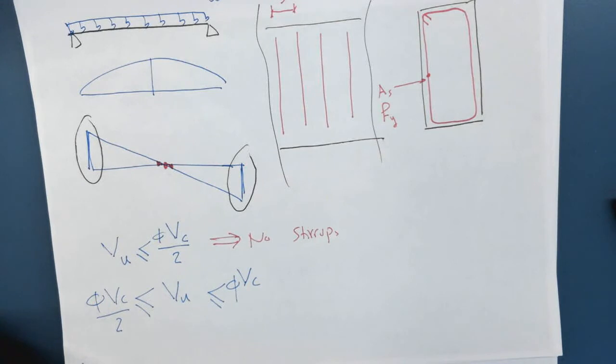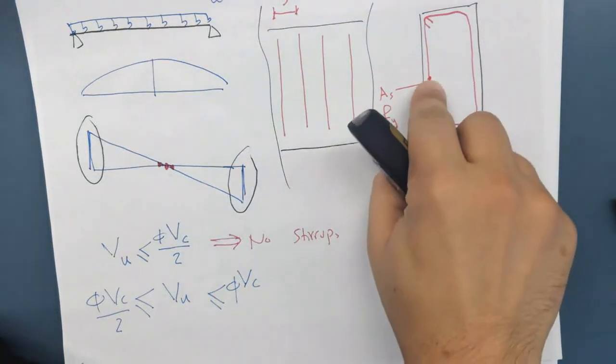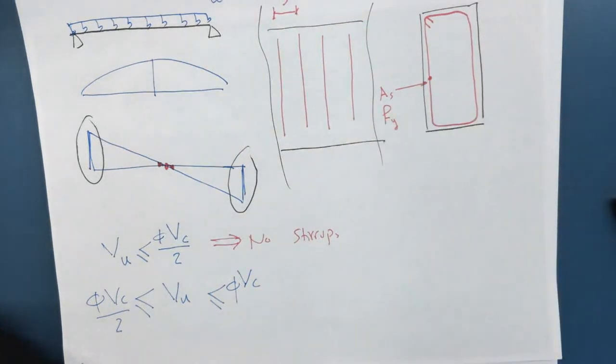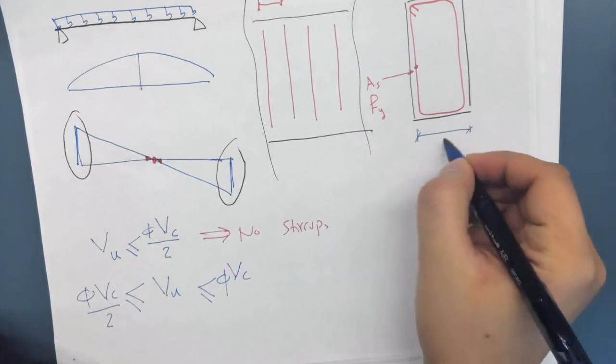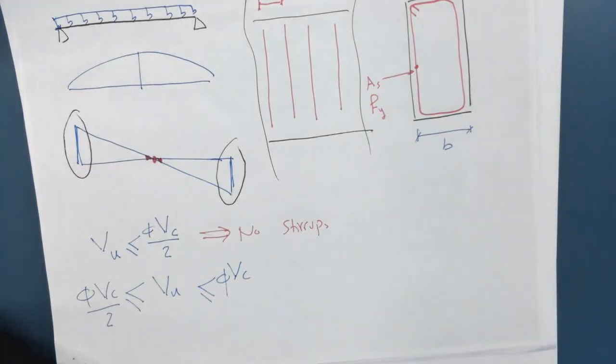It's simply the area of the stirrup multiplied by the yield stress divided by 50 bw, or one of these values. So the smaller of these two values.